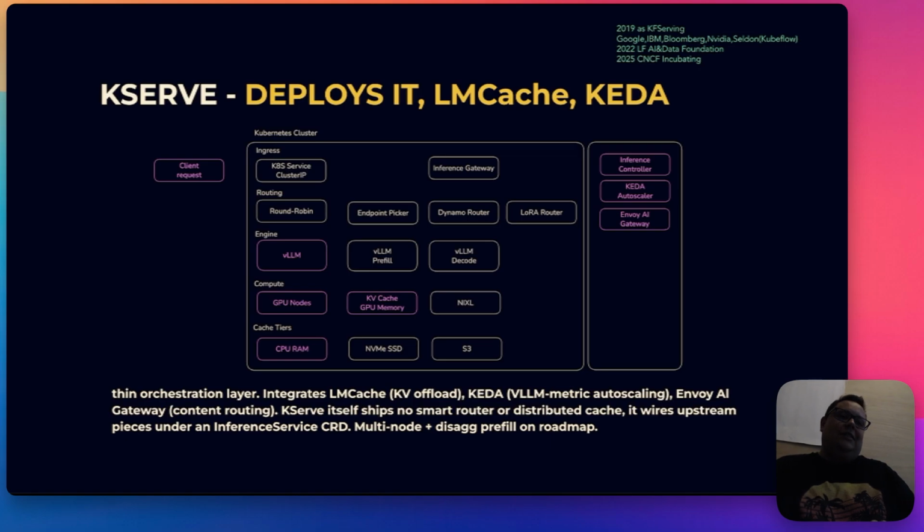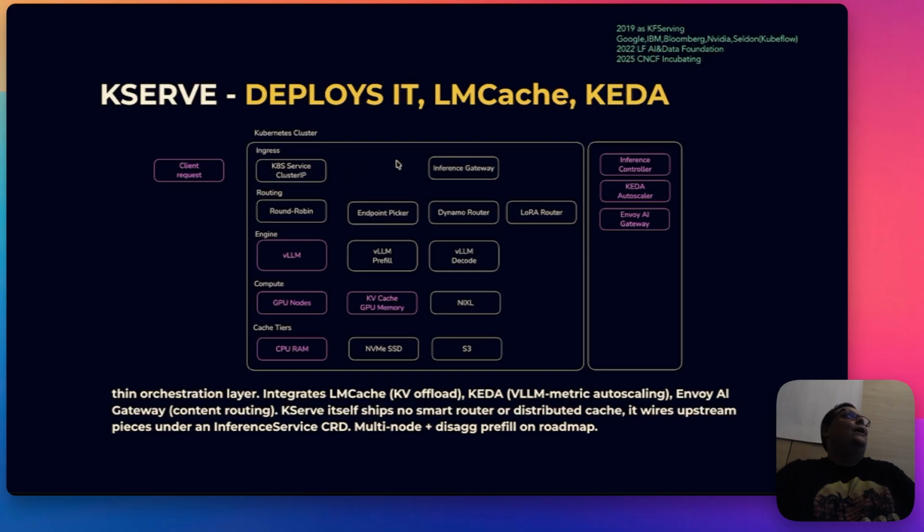So technically, you will see here, KServe can deploy the models. It knows a bit of KV cache. They're using another project for it, LMCache, and for autoscaling they're using KEDA, right? So probably some of you know this already. So we will see technically client requests coming.